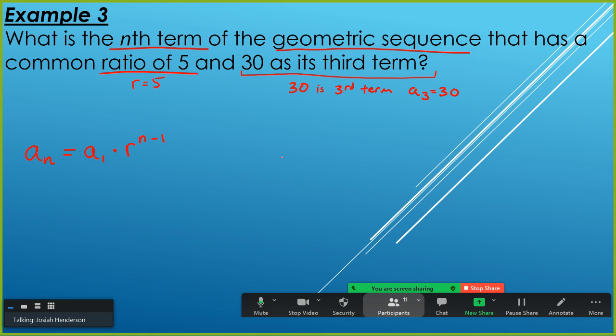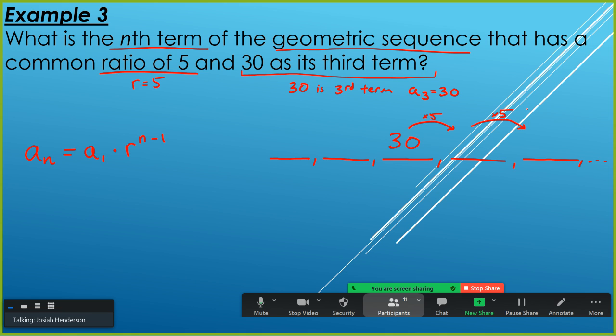I'm going to make the sequence with some blanks here, like we are used to. I'll put 5 down. And they told us the third term is 30. So if the common ratio is 5, that means multiply by 5, multiply by 5. And now I'm going to fill some of those out.